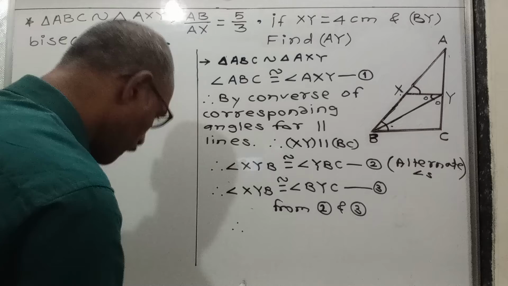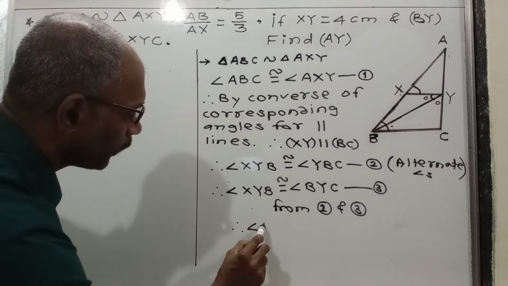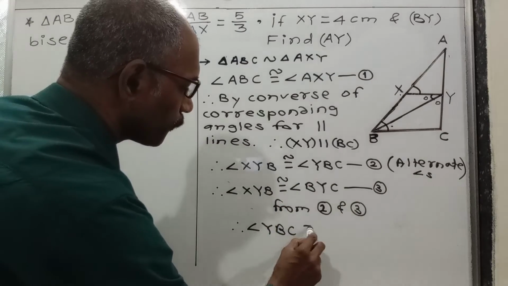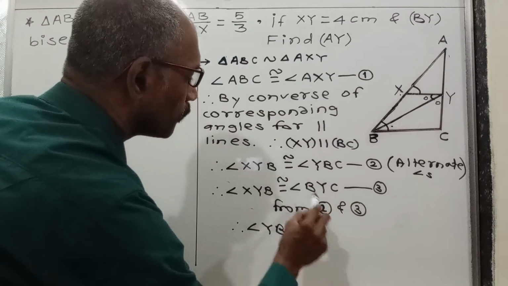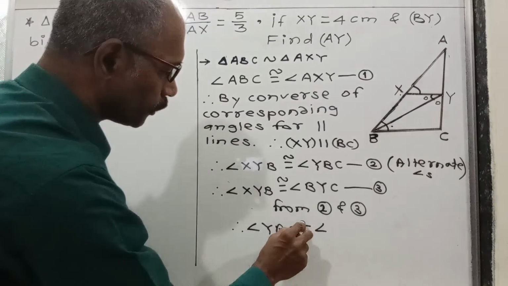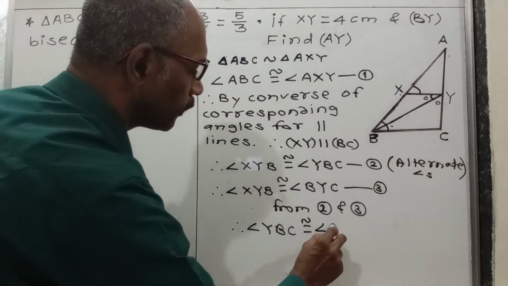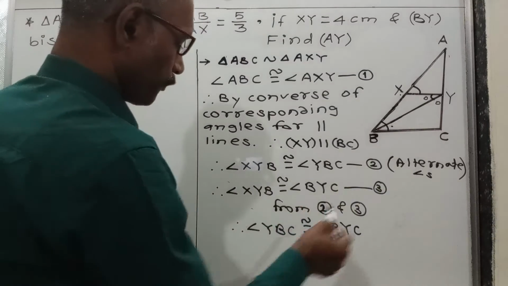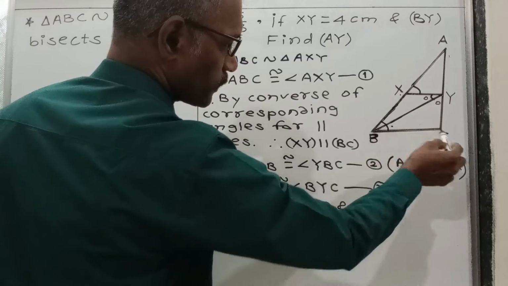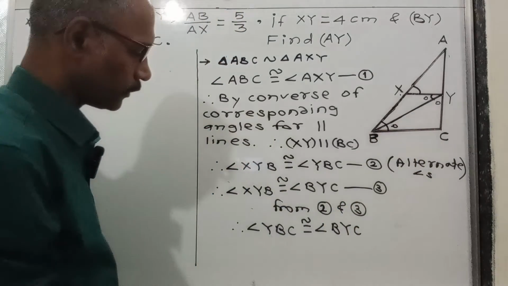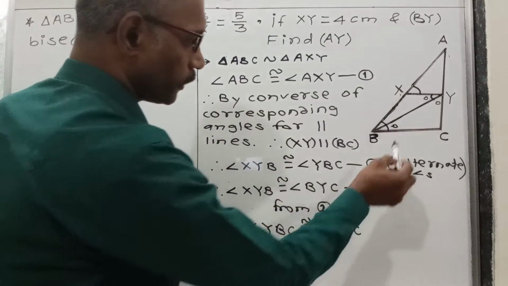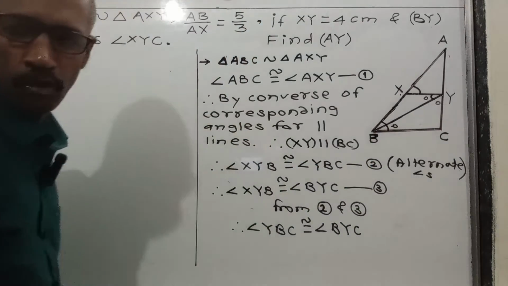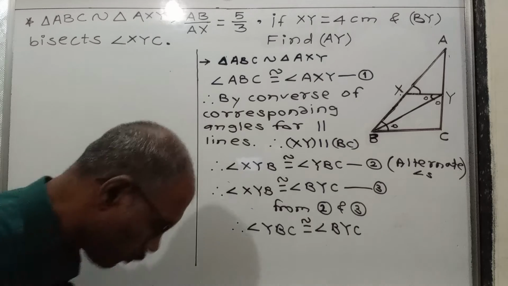Therefore, we write angle YBC is equal to, or congruent to, angle BYC. Did you get it? See here, angle YBC is congruent to angle BYC.